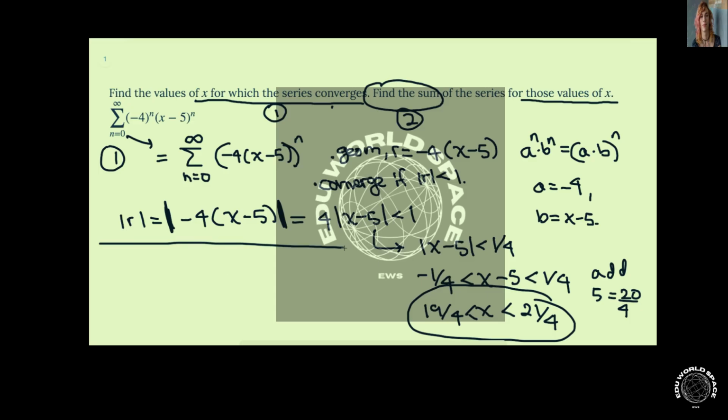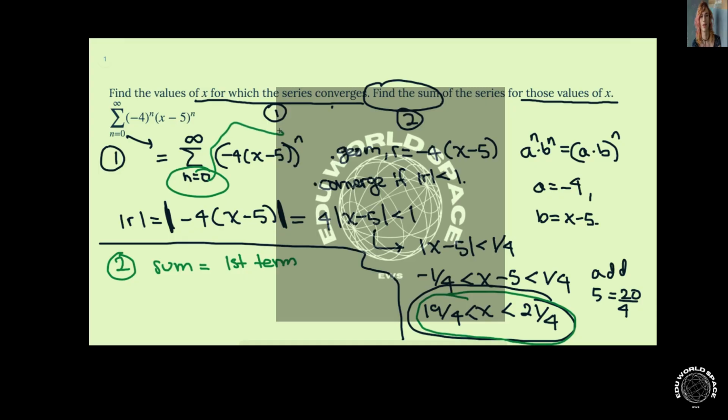Now for part 2, we'll assume that x is in this interval here so that it converges, and now we'll find the sum. So the sum for a geometric series is always the first term of the series, which you get by plugging in the starting number here, n equals 0 for n, over 1 minus r.